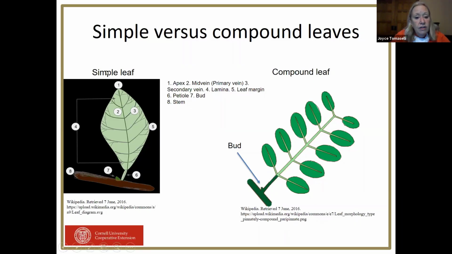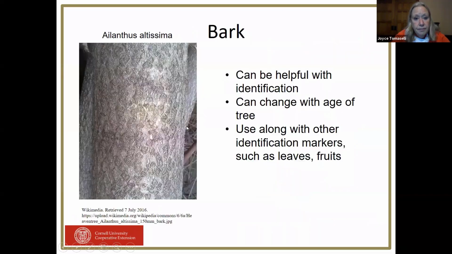When we look at the leaf margin, we're going to understand what the shape of it is and what the edging of it is. It's really important to understand bark. And I have a few examples, I think, a little bit later. But one of the things to remember is that a lot of younger trees have smooth bark.